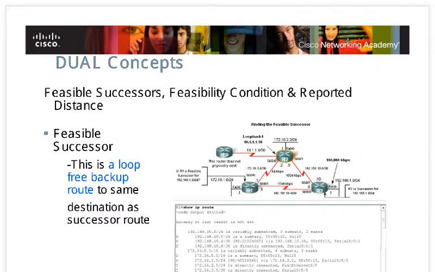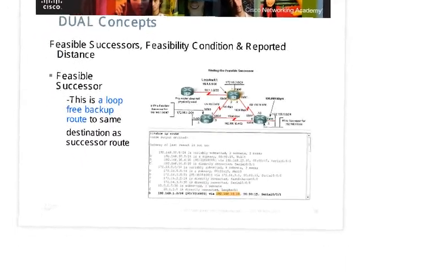We define what we call a feasible successor. Okay? So that's new. So what does the feasible successor mean? A feasible successor is a loop-free backup route to the same destination. So what does that mean? Assuming that router 2 here wants to get to the network 192.168.1.0.